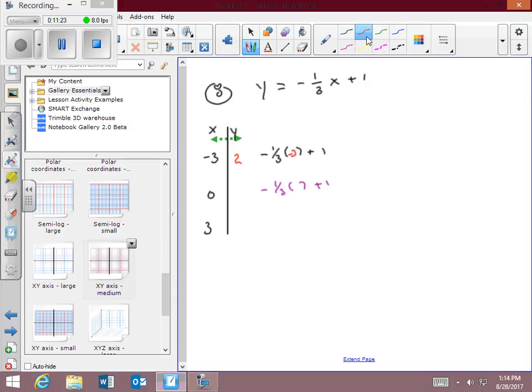Then, when you put 0 in there, -1/3 of 0 is 0, plus 1, it's going to be +1. And it's -1/3 plus 1, and we put 3 in there. Now that's going to be a -1, right? And then we have -1 plus 1 is 0.